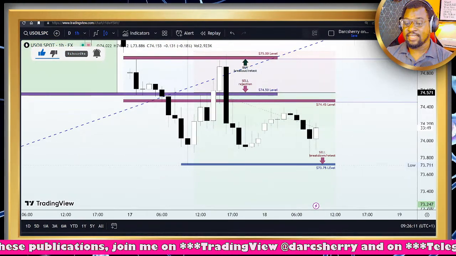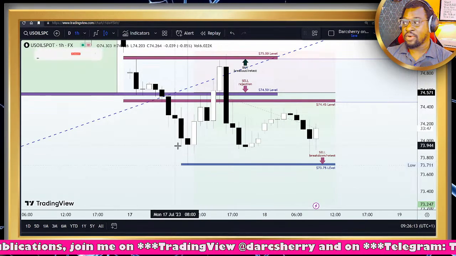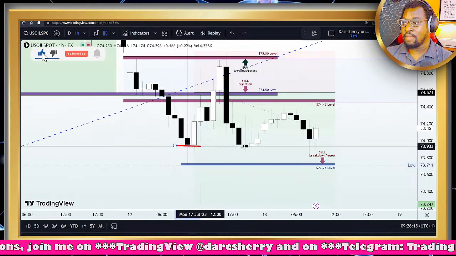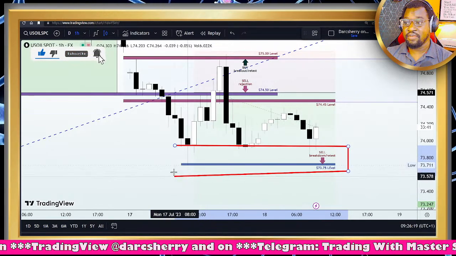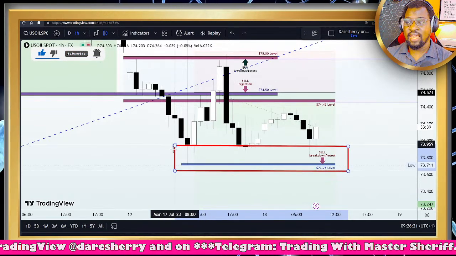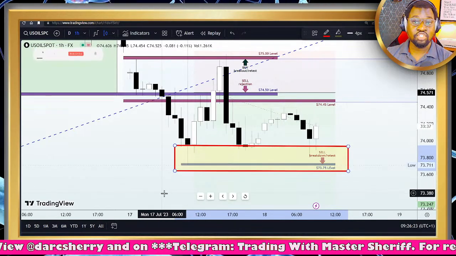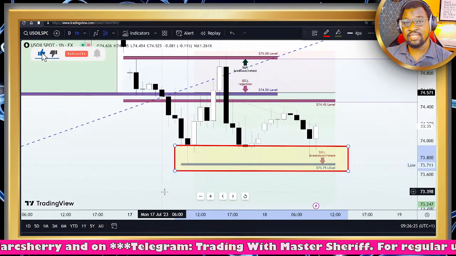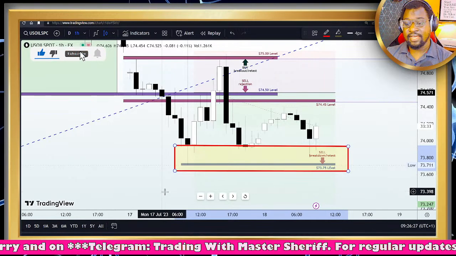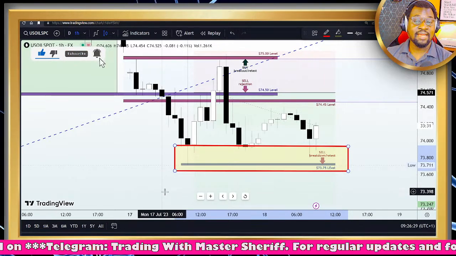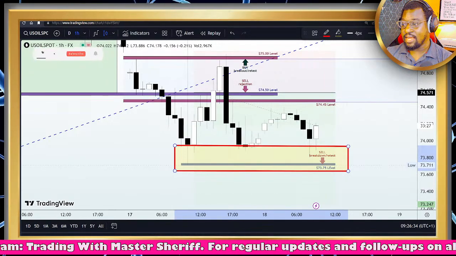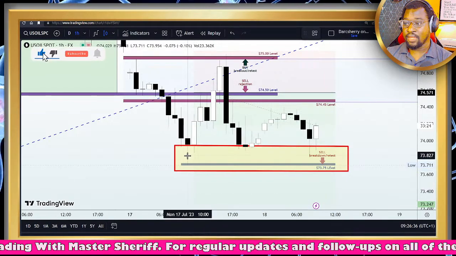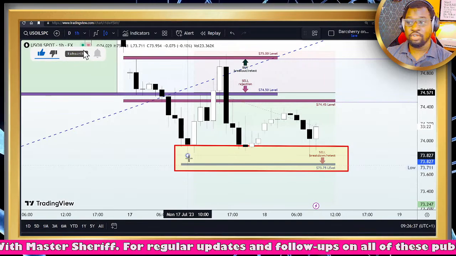Now, one of the patterns here is the situation between the $74 area and the $73.75 area. One thing you will notice here is how sellers have struggled as soon as price action gets into this zone. And this is a clear sign that we might likely be seeing a bullish momentum anytime soon, as we can see here during the London session yesterday.